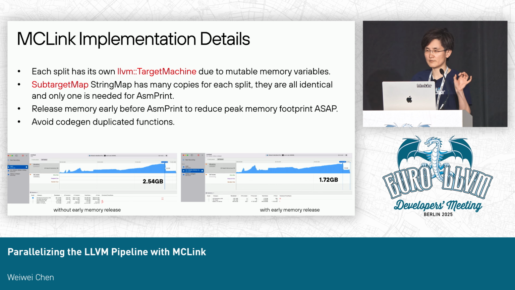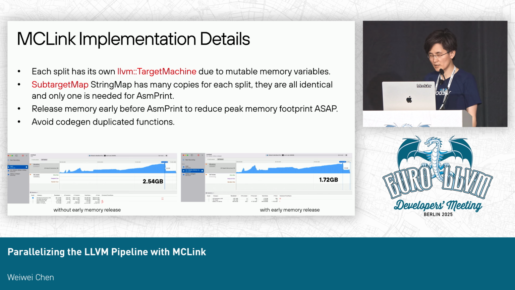We do need this information for the codegen of each split, but once the codegen is done, we will not need it anymore. We only need one copy for the final code emission. So we can release this data structure as soon as we finish codegen for each split.